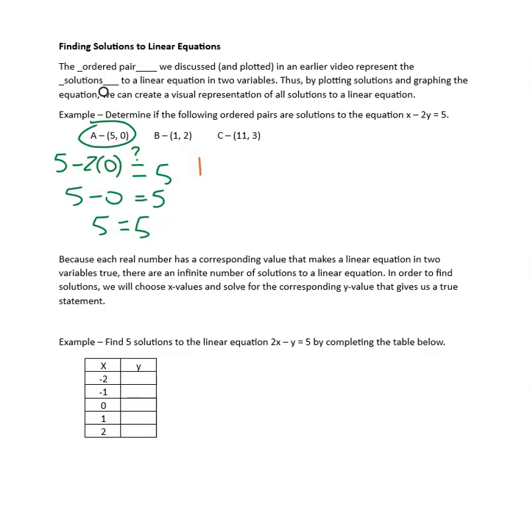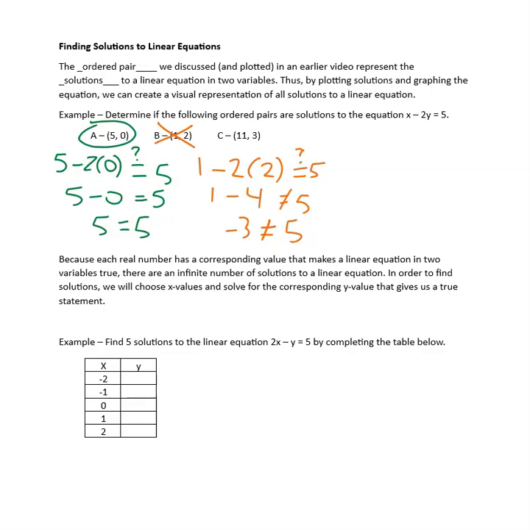Again, we plug 1 in for x, 2 in for y, and test to see, does that equal 5? So we end up with 1 minus 4 is equal to 5. We can quickly see that that is not true because negative 3 is not equal to 5. Therefore, the point (1, 2) is not a solution to the equation.